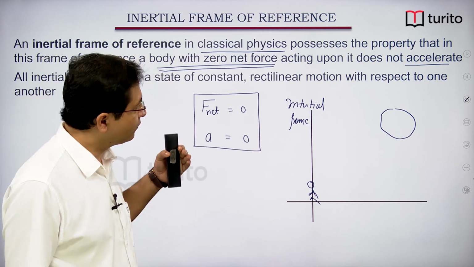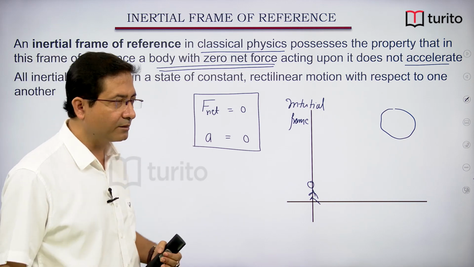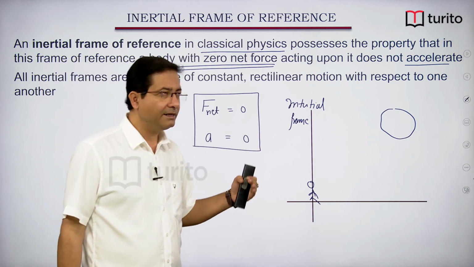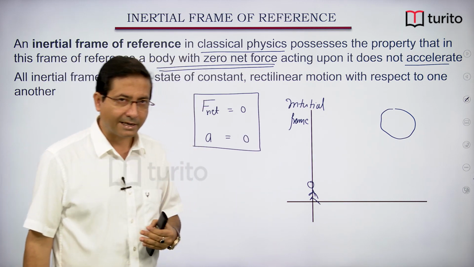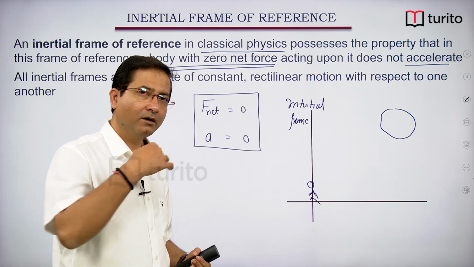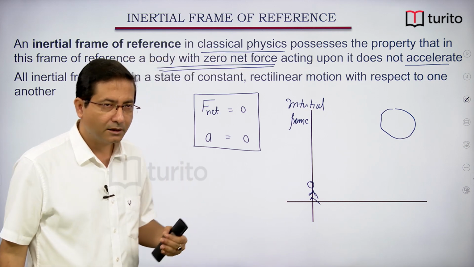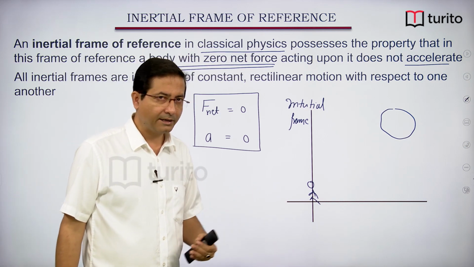So if from one inertial frame I observe any other inertial frame, then I won't observe any acceleration of that second frame or any other frame, right. So from one inertial frame, when you observe another inertial frame, you are not going to observe any acceleration.